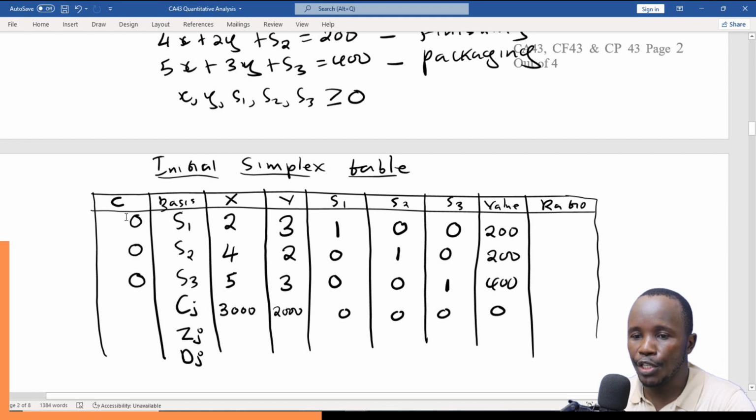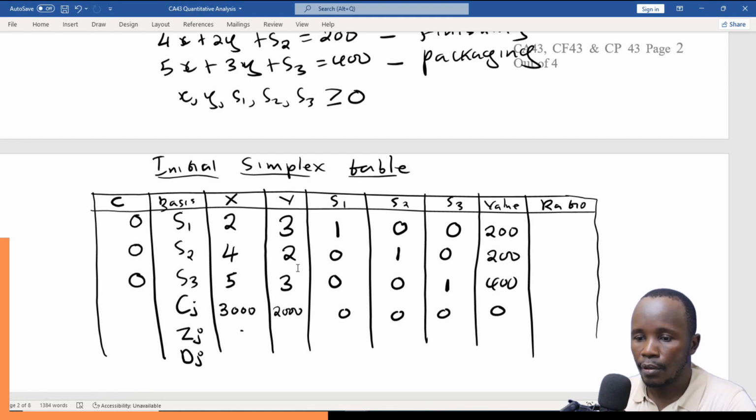What we normally do is, you take the contribution multiplied by the values in each column. In this case, since the contribution is 0, in our initial simplex table, our Zj is 0, 0, 0, 0, 0.